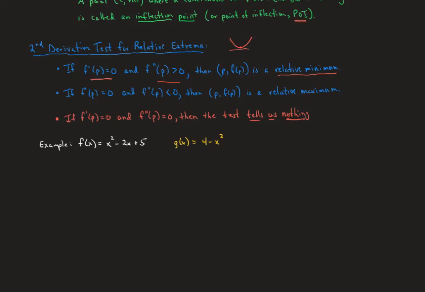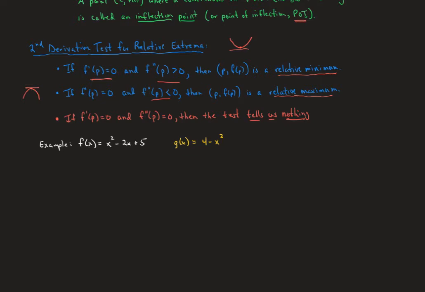Likewise, if the derivative is 0, again you're going to have a horizontal tangent, and the second derivative is negative, the function is also concave down. Those two characteristics together make us have a relative maximum at that point.